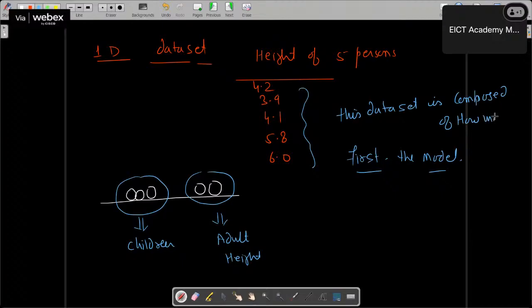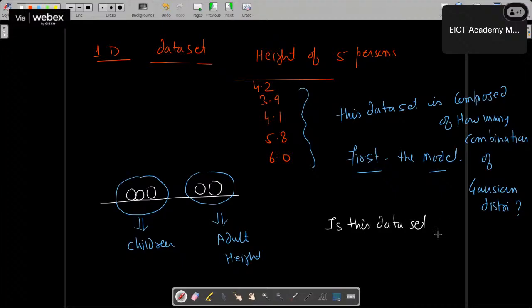How many combinations, how many Gaussian distributions is this data set composed of?